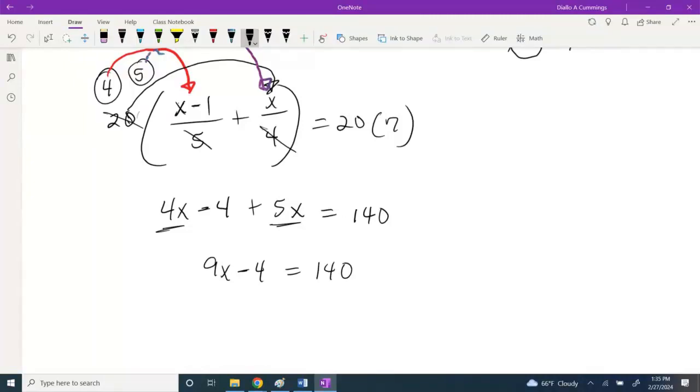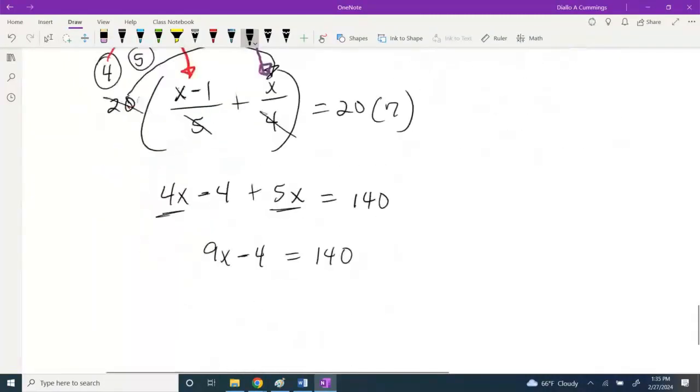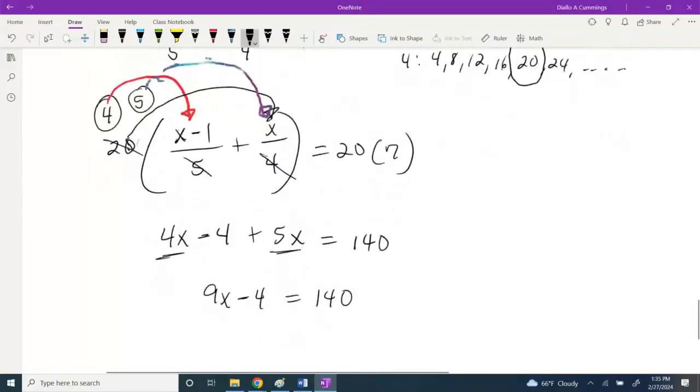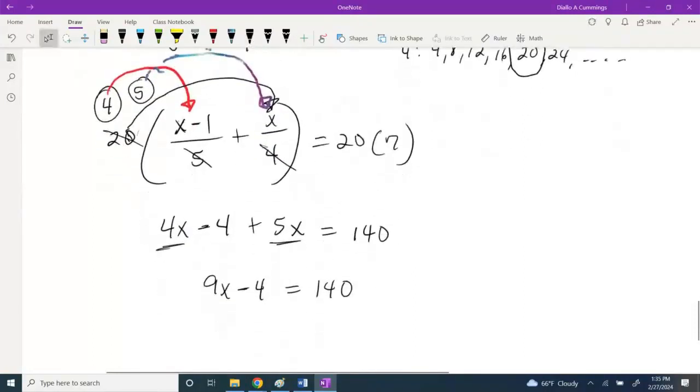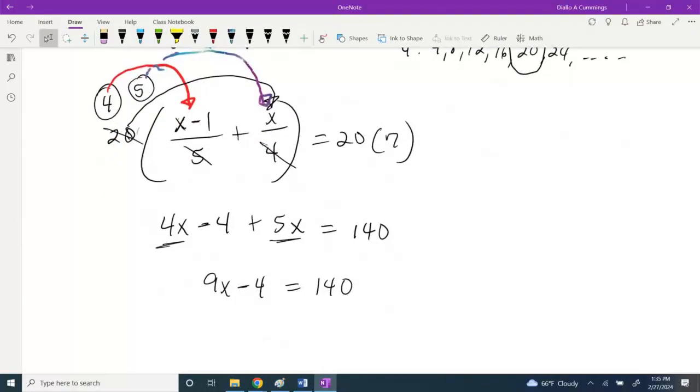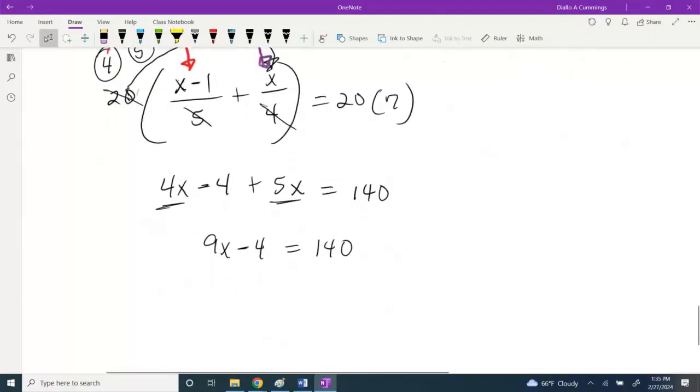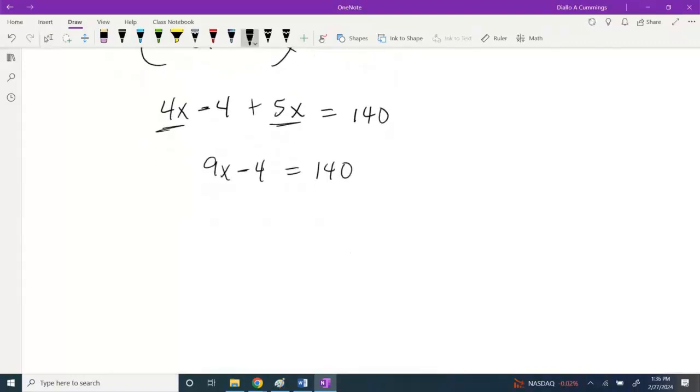And I'm going to bring down my right-hand side, which is 140. I've already combined like terms, so now I want to take this negative 4 and transpose or move it to the right-hand side. So I want to add 4 to both sides. So I have 9x is equal to 144.